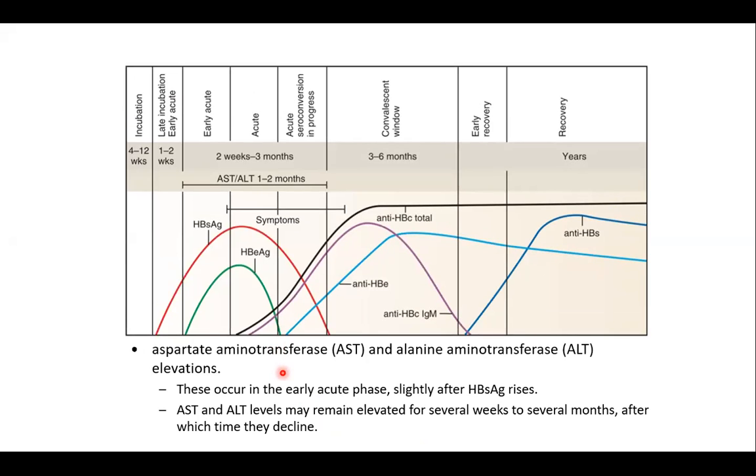Also shown in this figure is the pattern of aspartate aminotransferase and alanine aminotransferase elevation. These occur in the early acute phase, slightly after HBsAg rises. AST and ALT levels may remain elevated for several weeks to several months, after which time they decline.